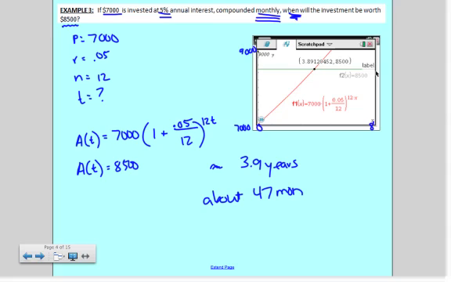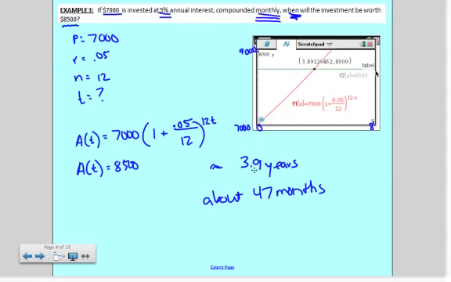And why would we be interested in that? Because we're compounding it monthly. So 3 years times 12, and then 0.9 of a year, which is about 10 months or so.